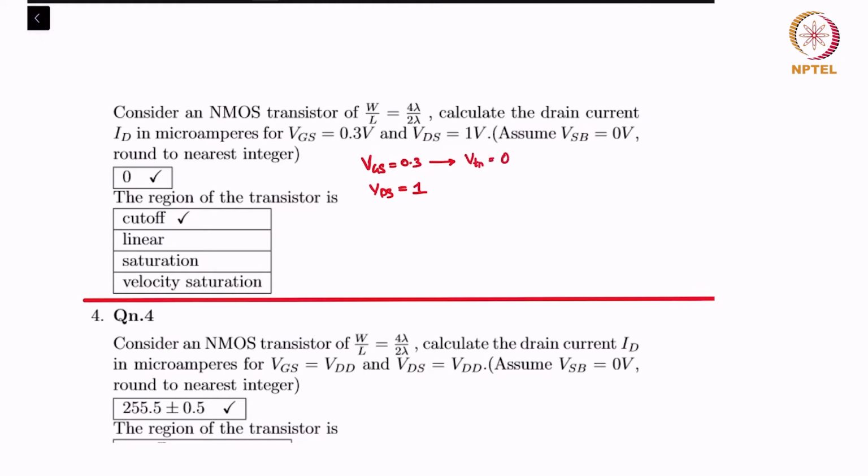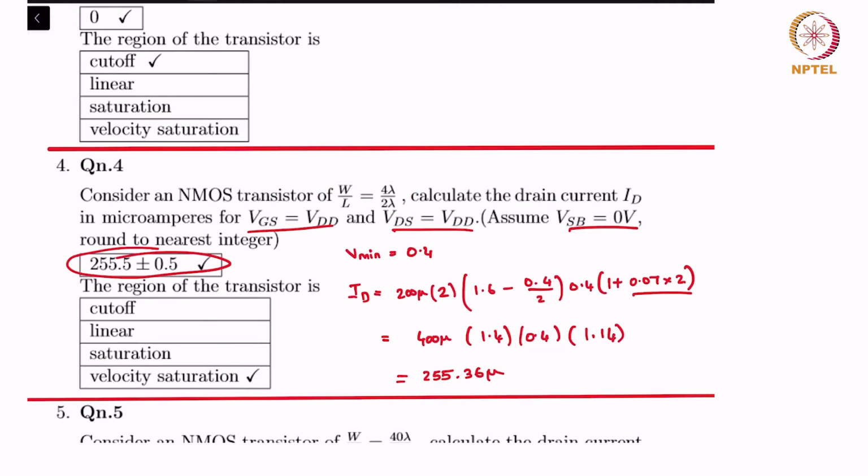VTN is 0.4 volts, right? So therefore you're in the cutoff region and we've not assumed any subthreshold current. So therefore this is in the cutoff region with current of 0.